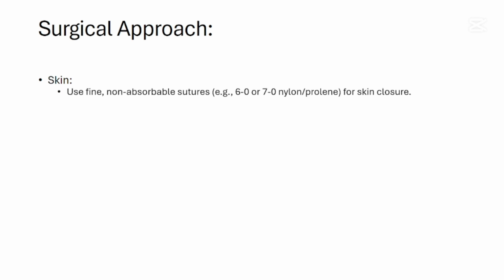And the surgical approach. So what do you do? Generally for skin, you can use a non-absorbable 6-0 or 7-0 Prolene or nylon, because Vicryl tends to give scars, and eyes are not the ideal place to get scars. If there's a significant skin loss, you can have a graft.